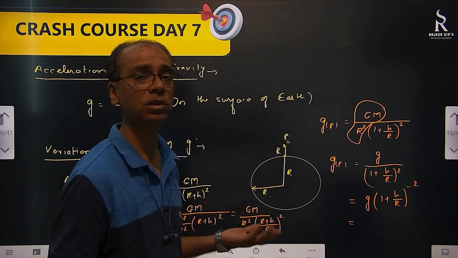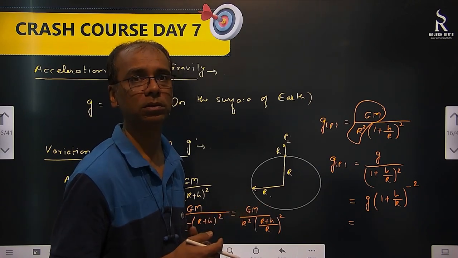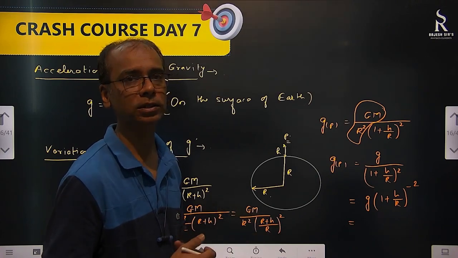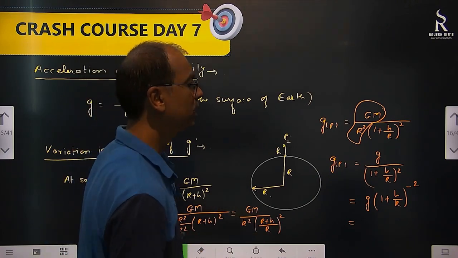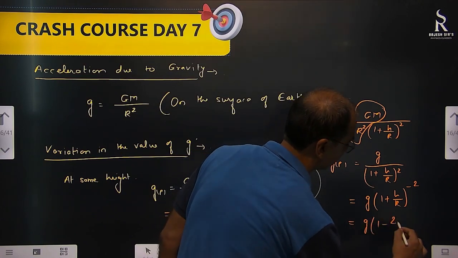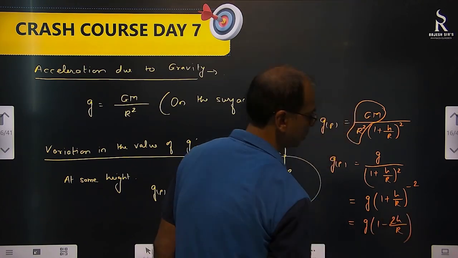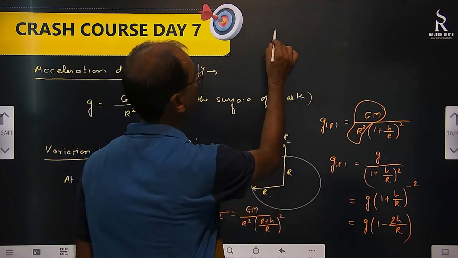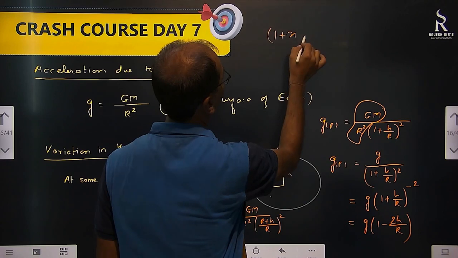Radius is 6,400 kilometers, so it's negligible. 10 by 6,400 is very less. So if it's very small, then we can write this as g into (1 minus 2h by r). How? By binomial expansion. What is binomial expansion? It's (1 plus x) to the power n.